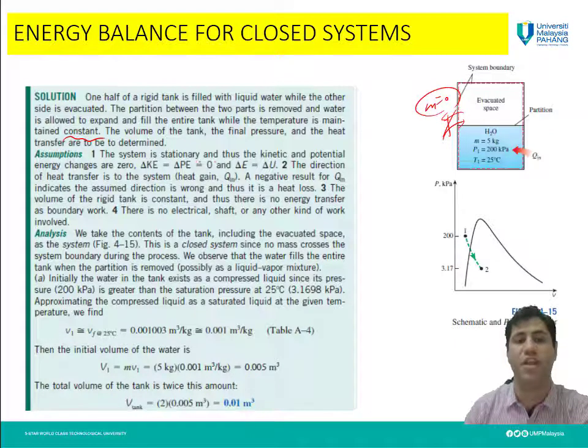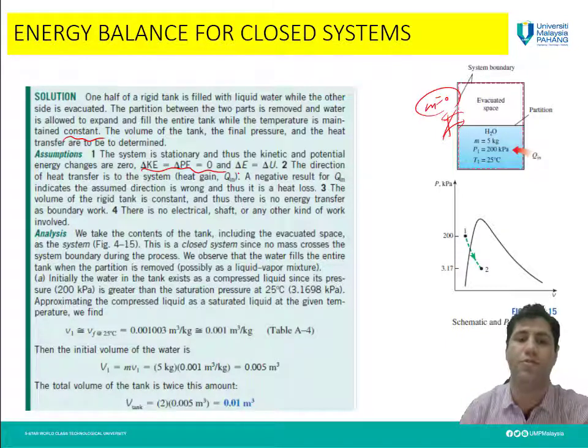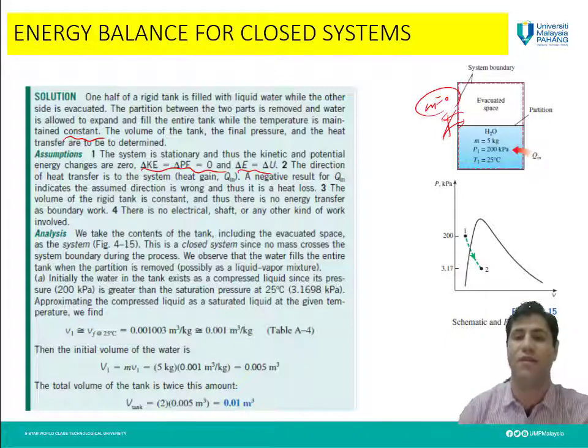So the system is stationary, and thus the kinetic and potential energy changes will be 0, and delta E will be equal to delta U, or the change in the energy of the system here will be equal to the change of the internal energy of the water inside the dashed line. The direction of heat transfer is to the system.